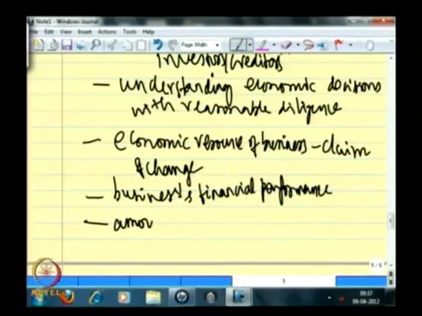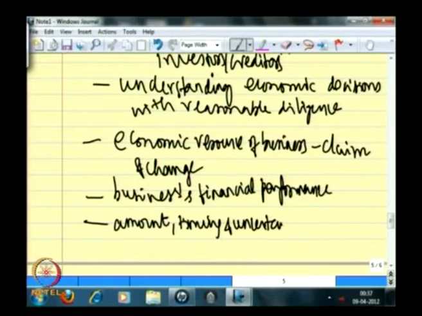So, how profitable is this business, the return on investment. Of course, for return on investment you also need to use the balance sheet as well, and also we need information on the amount, the timing, and probably even the uncertainty of cash flows.